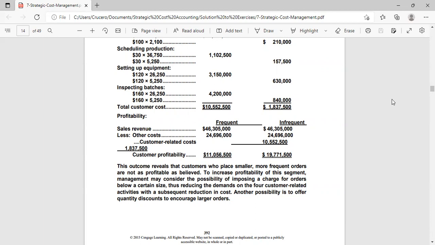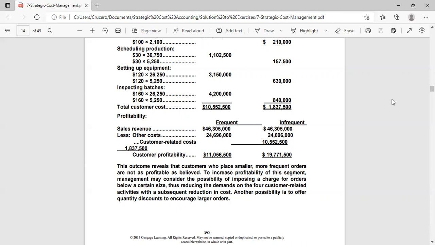While for the infrequent, that's for 19,771,500. This outcome reveals that customers who place smaller, more frequent orders are not as profitable as believed.